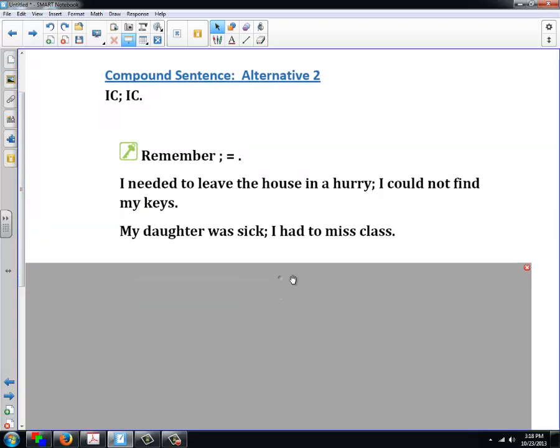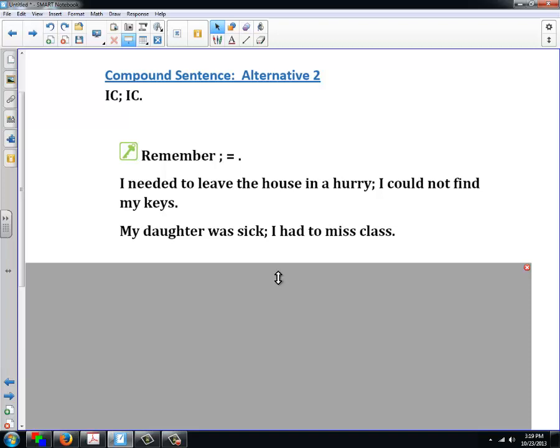Before we move to the next alternative, let's think about what the semicolon does. First, you want to use a semicolon between closely related independent clauses. They need to have something to do with each other in meaning. Also, semicolons are generally used between short independent clauses. Long independent clauses are often not as good an option for a semicolon.